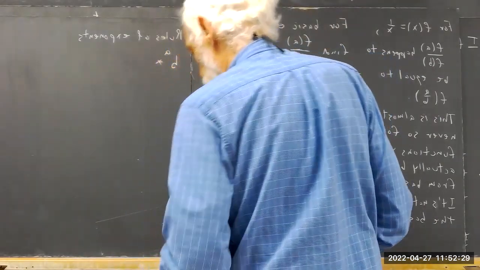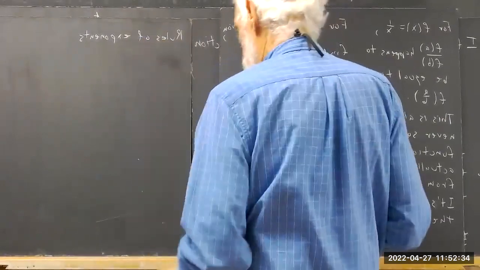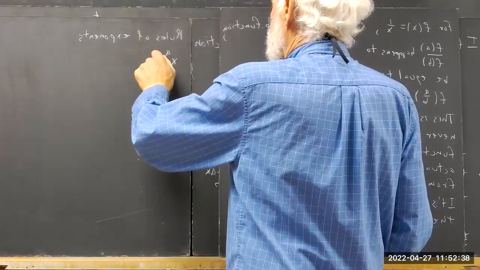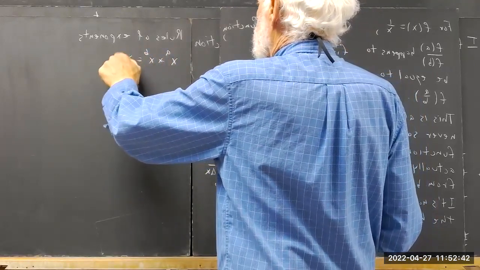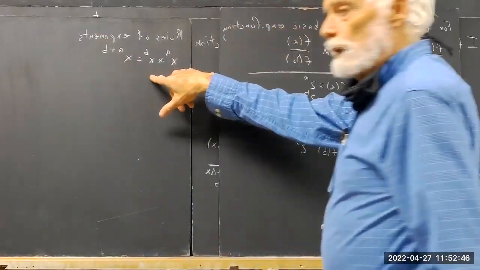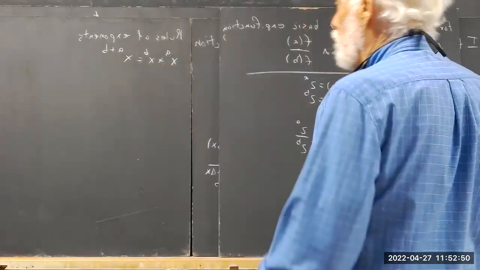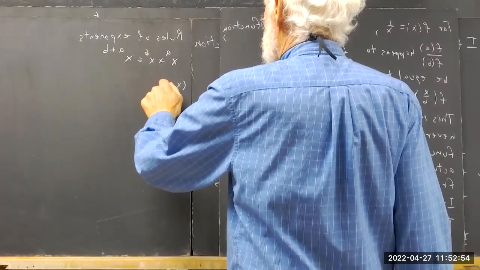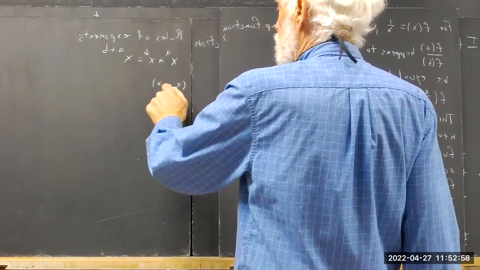Okay, your rules of exponents. Let's write it out in terms of x's and y's. X to the A times x to the B equals x to the A plus B. This is because x to the A means a bunch of x's multiplied together, right?